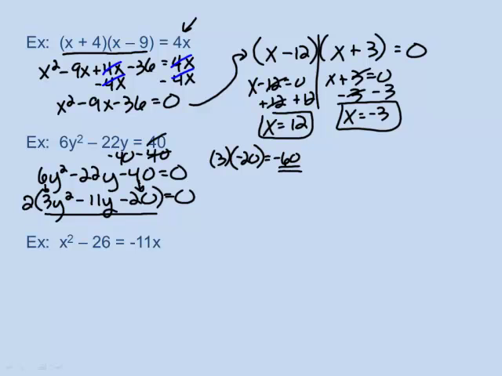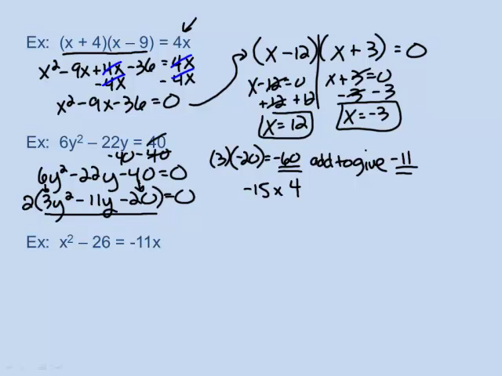And we want factors of negative 60 that add to give us our middle term, which is negative 11. So factors of negative 60, which when you add them together give you a negative 11, I believe that would be negative 15 and positive 4. Negative 15 times 4 is negative 60, but negative 15 plus 4 is negative 11.